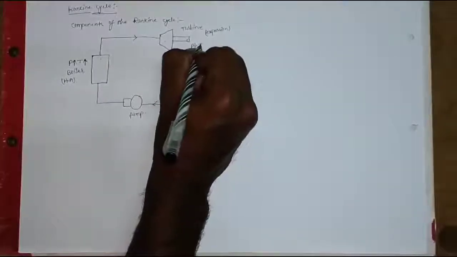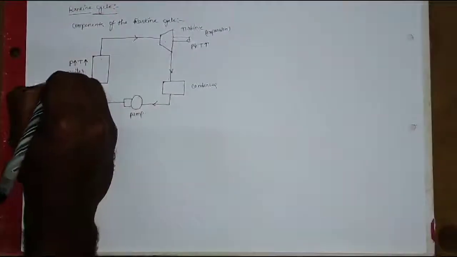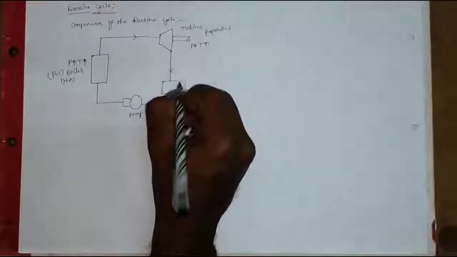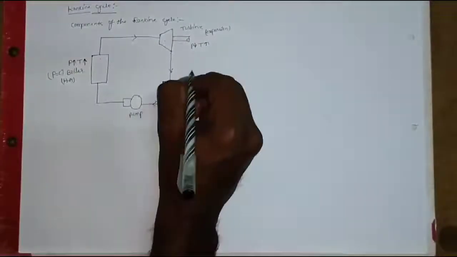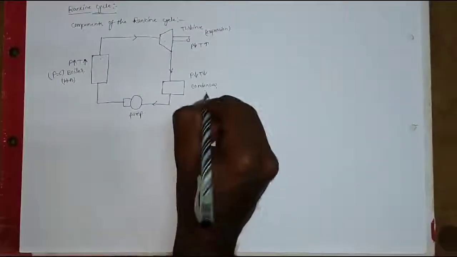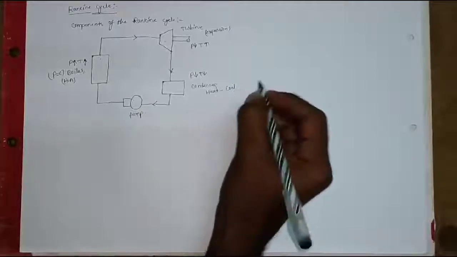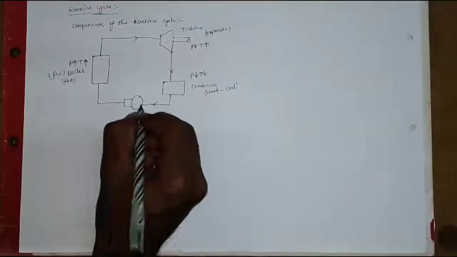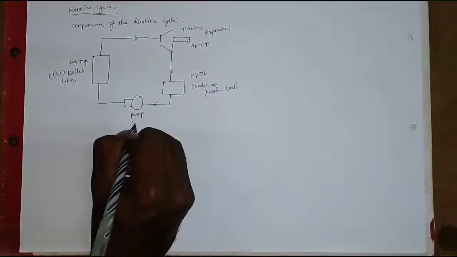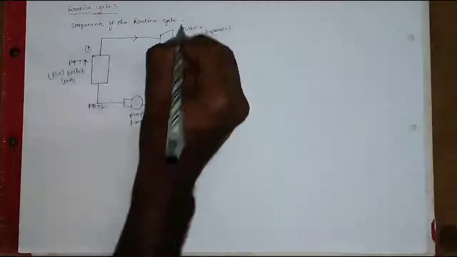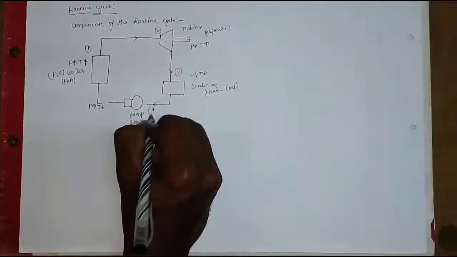So pressure decreases, and this expansion steam moves towards the condenser, and in this condenser the temperature will decrease. In the condenser, heat is converted into cool, and the water moves towards the pump, and this pump compresses the water with high pressure. So this is 1, 2, 3 and 4.